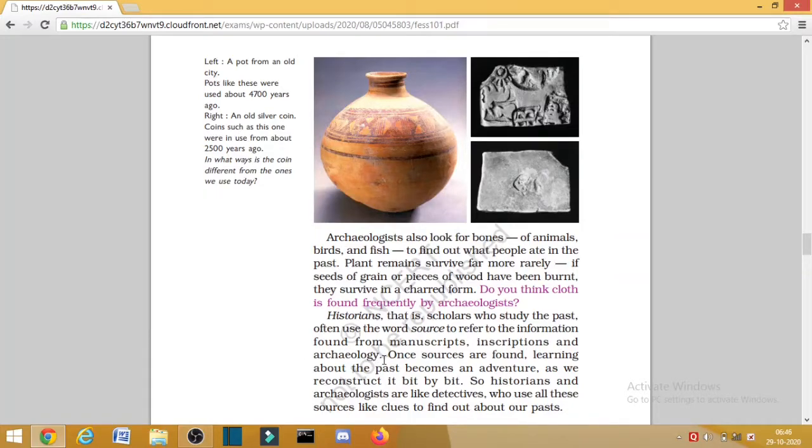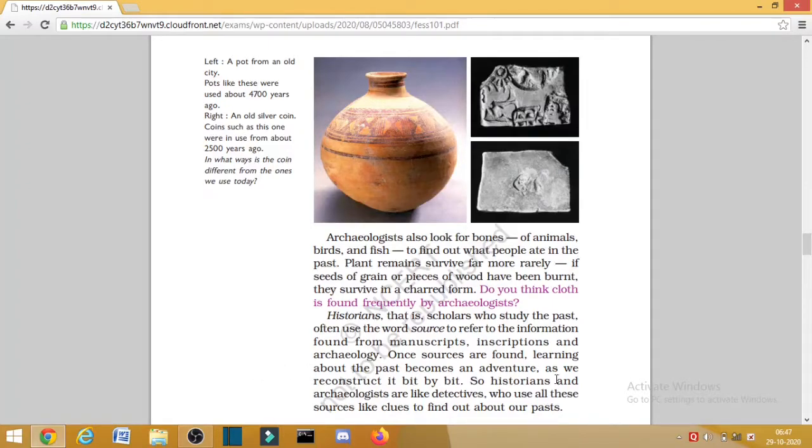Once sources are found, learning about the past becomes an adventure as we reconstruct it bit by bit, slowly and slowly.